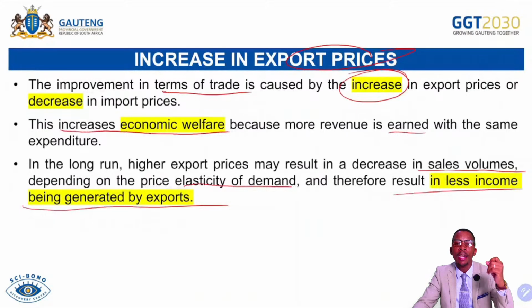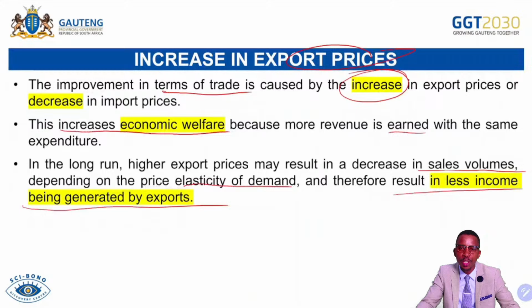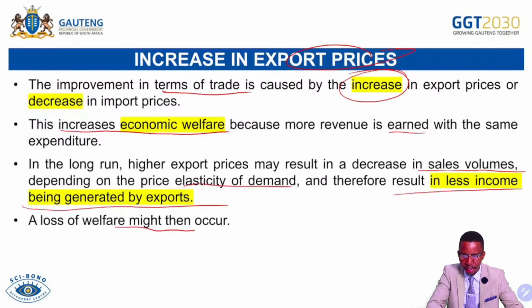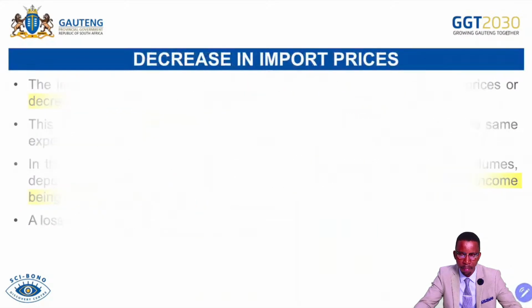However, should our exports be demand elastic, they might easily be replaced or substituted abroad or in the foreign market, which will lead to a decrease in demand and decrease in terms of trade. But if our exports are demand inelastic, even if our export prices are increasing, the demand will keep on rising because our exported goods do not have perfect substitutes in foreign markets. So a loss of welfare might then occur if we have decreased sales and decreased terms of trade.